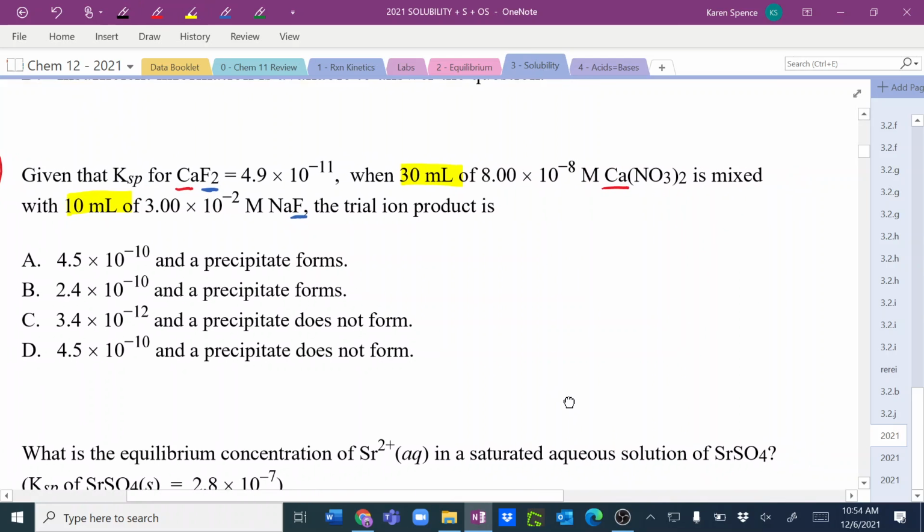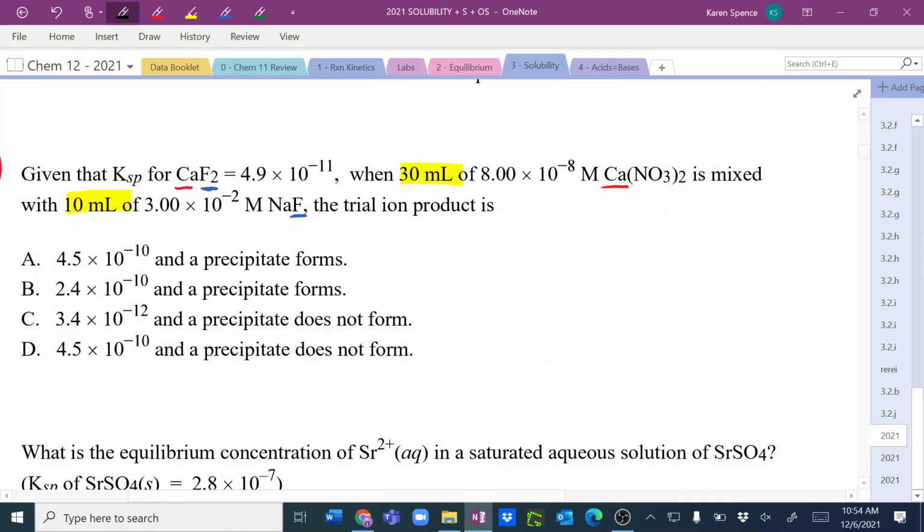Okay. So here we have M1, V1 for calcium nitrate. And V2 is going to be, what is V2? 40 milliliters.